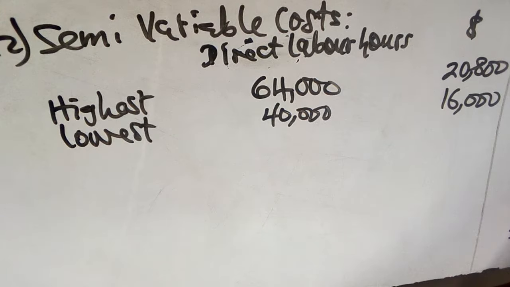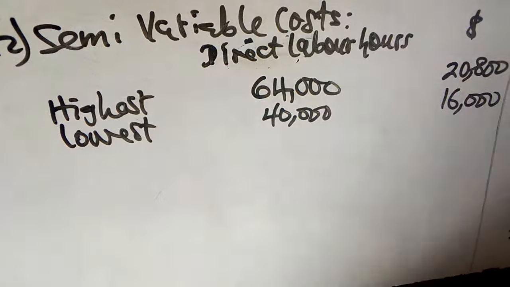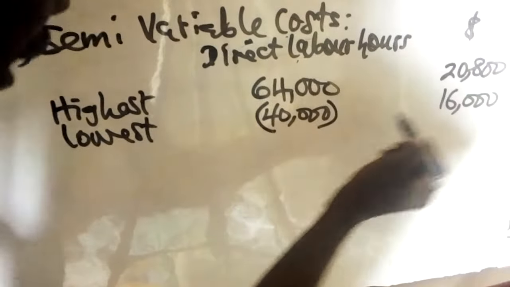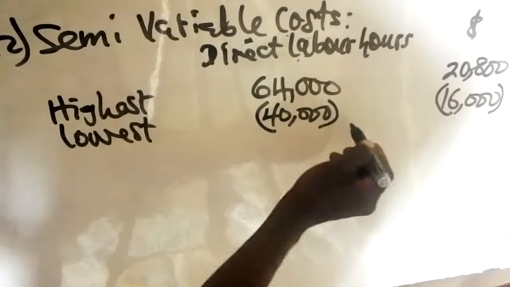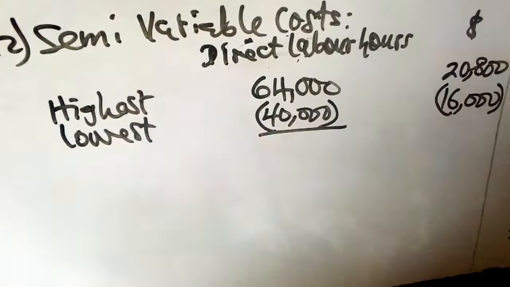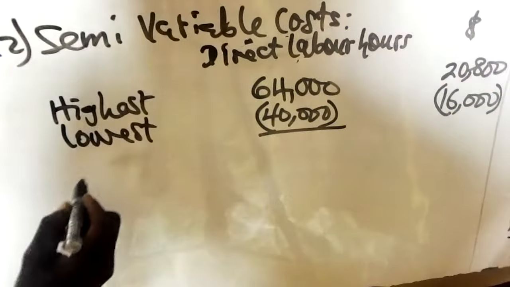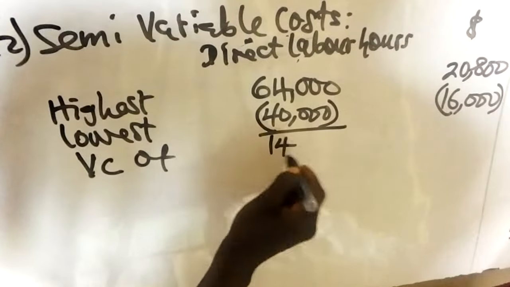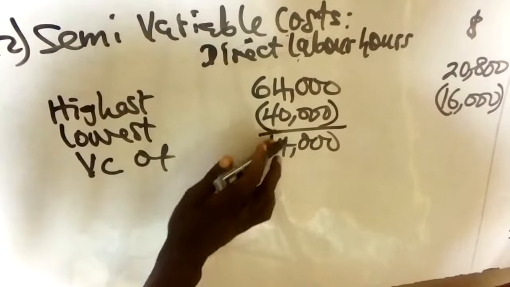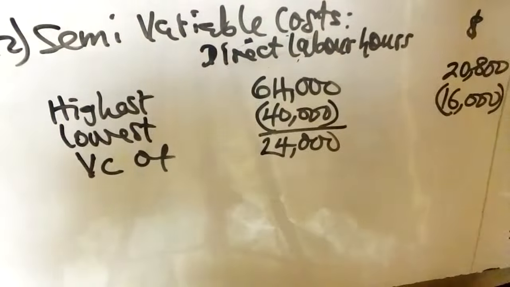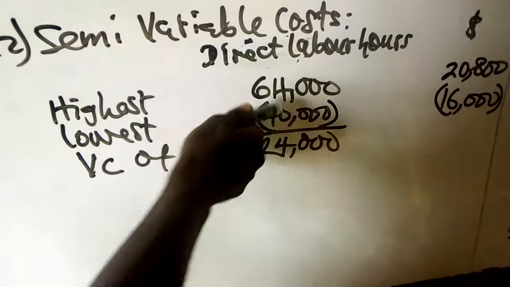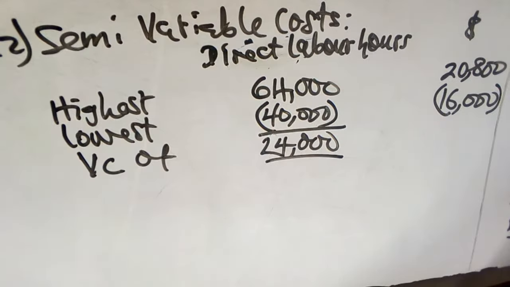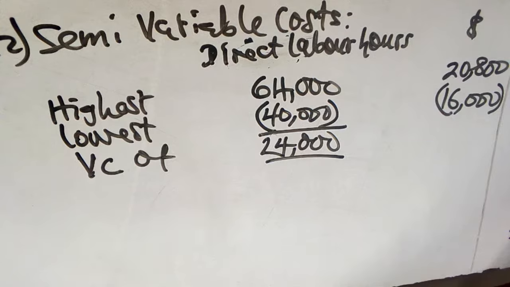I've told you that the high and low method can also be called the range method. You know in statistics that range is the difference between the highest and the lowest level of activities. So the difference in activity is 64,000 minus 40,000, that is 24,000. 20,800 minus 16,000, then the difference is 4,800.